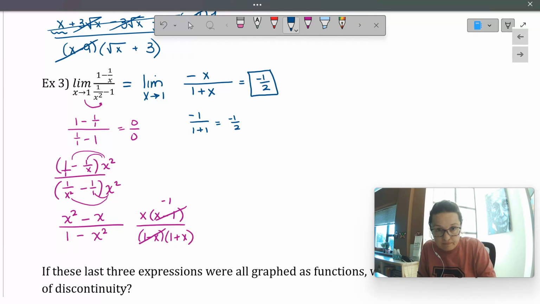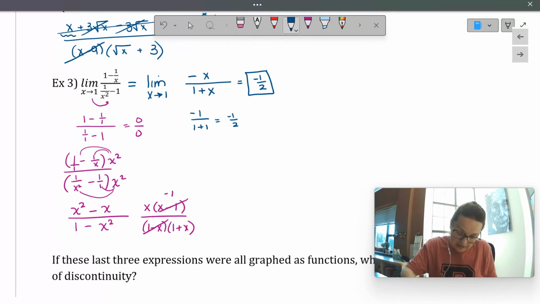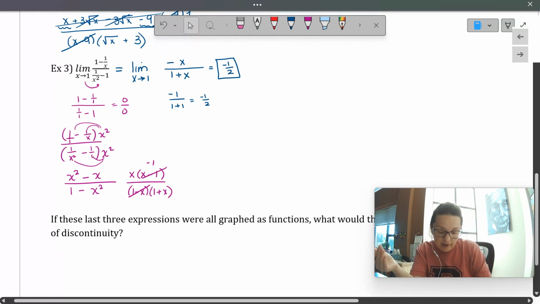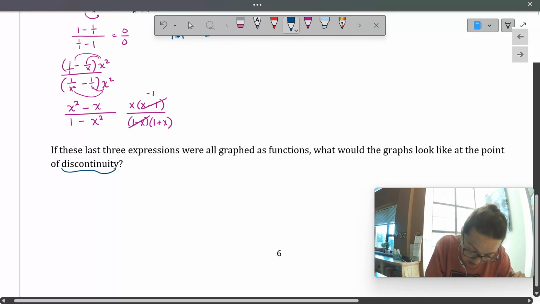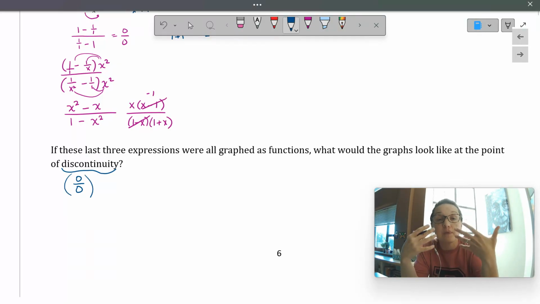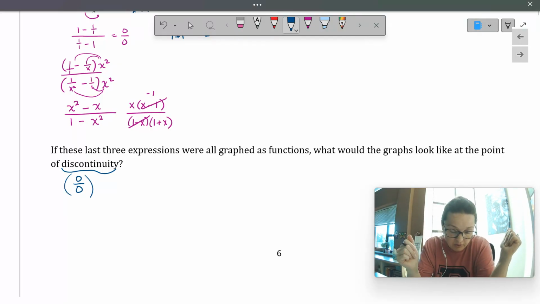Okay? All right. Last thing. If these last 3 expressions were all graphed as functions, what would the graphs look like at the point of the discontinuity? That's where the 0 over 0 in our case was, where the thing was undefined in the first place.